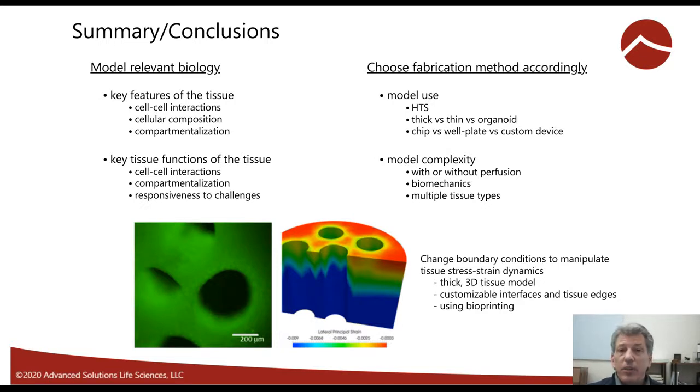Or compartmentalization, having a blood space that an immune cell can leave and enter into a tissue space, or perhaps a tumor cell leaving its primary tumor and then moving in and metastasizing out into a lymphatic space. All of that represents a lot of different dynamics that are relevant to health and disease, and even looking at biomechanics where we're altering tissue boundary conditions to see what the effects are on internal stress and strain dynamics.